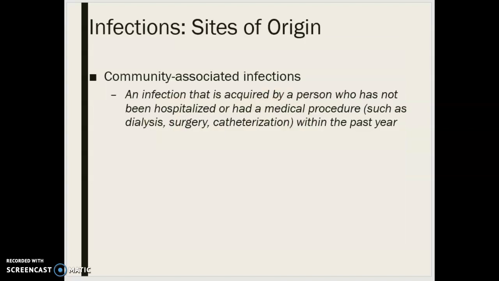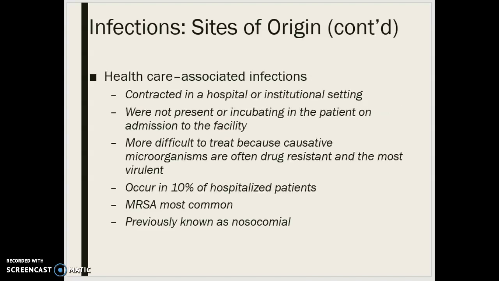So I'm sure you've remembered your chain of infection, right? But let's talk for a minute about sites of origin. So there are community-associated infections. This is an infection that's acquired by a person who's not been hospitalized or had a medical procedure in the last year, whereas the healthcare-associated infection is when the patient has contracted this either in the hospital or institutional setting.